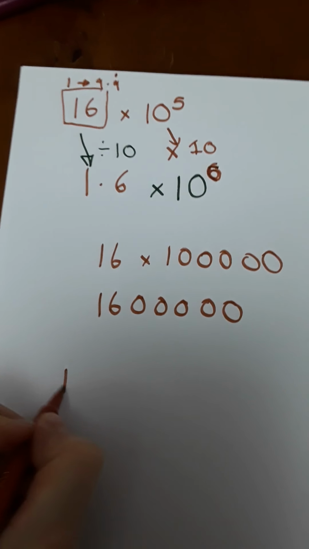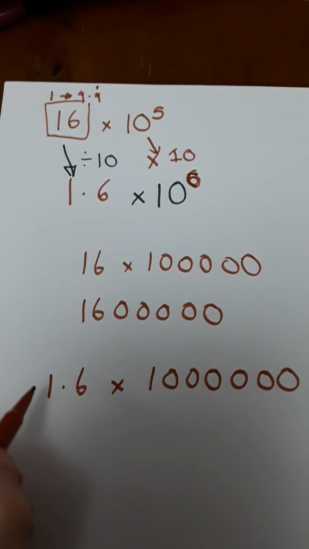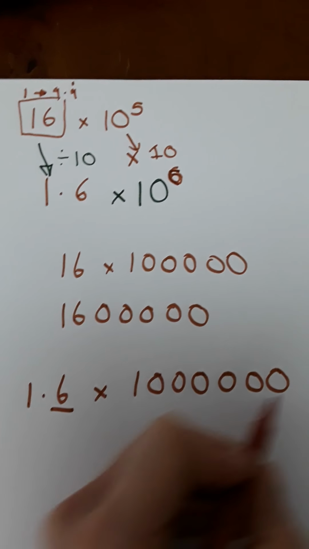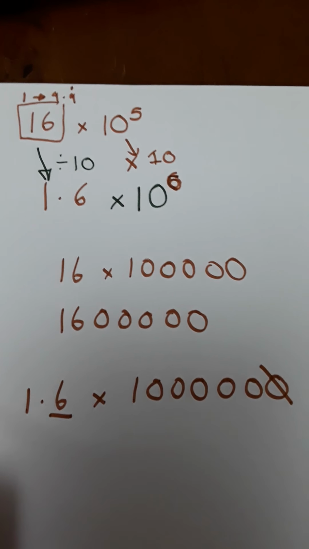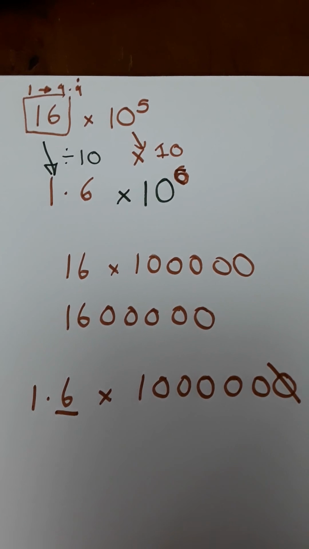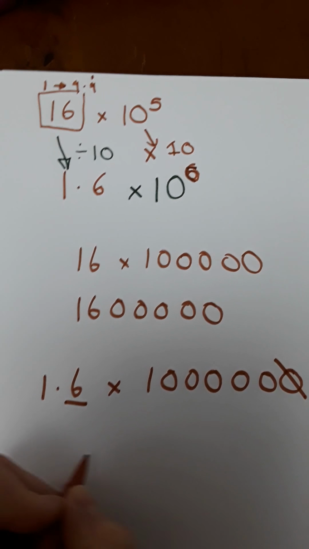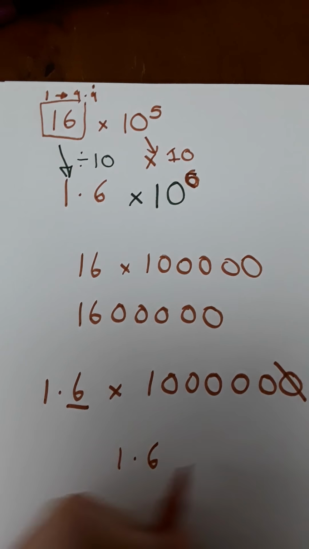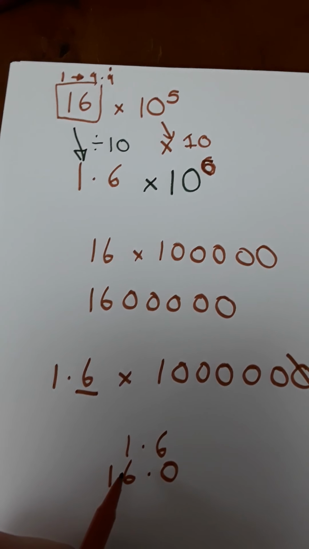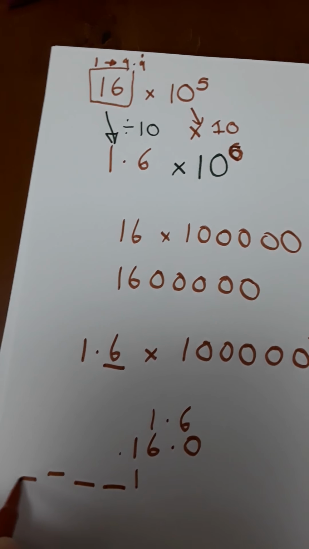Now let's try this. If I have 1.6 times 10, I have to move one number from a decimal to a unit. So that means I need 1 power of 10 used up to get it over here. So now I have 5 zeros to find a home for. So really, when I have my 6 here, I'm going to end up with 16 and my decimal point here. And then all of my numbers still need to move up by 1, 2, 3, 4, 5 places.